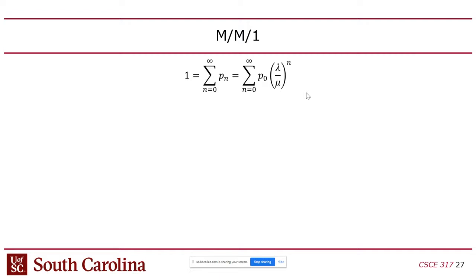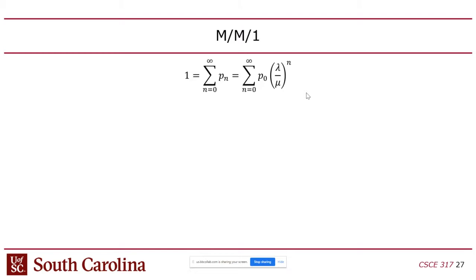To do that, you can say if you add up all the probabilities of all the states, it should add up to 1. Remember, there's an infinite number of states because the system capacity is infinite. That's why we have M/M/1 and not a fourth value after M/M/1.